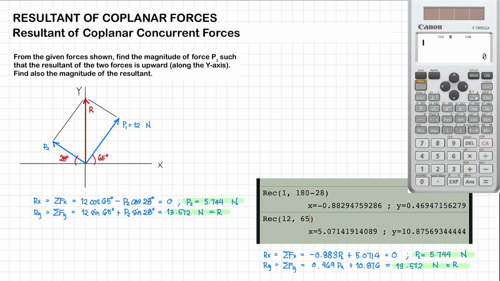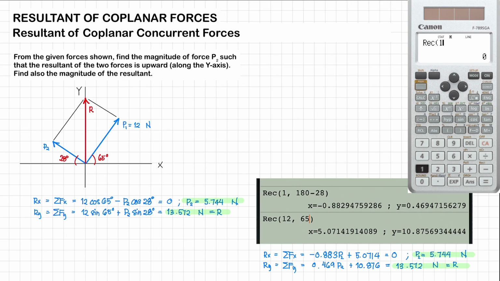And then for this one, if you want the components, you're going to select rectangular coordinates. So click shift and then rec, the minus sign. And then just input the coordinates. So for P2, since this is unknown, we could just type in 1 there, as you can see in this figure.